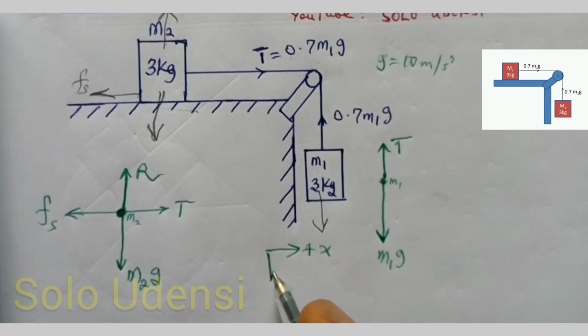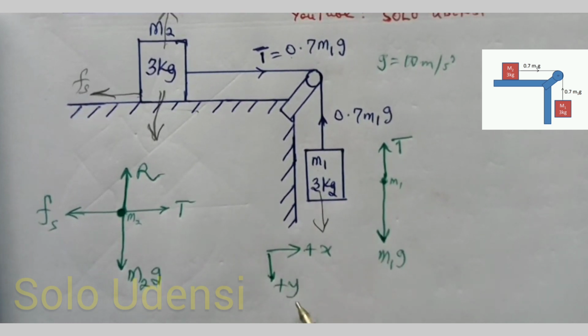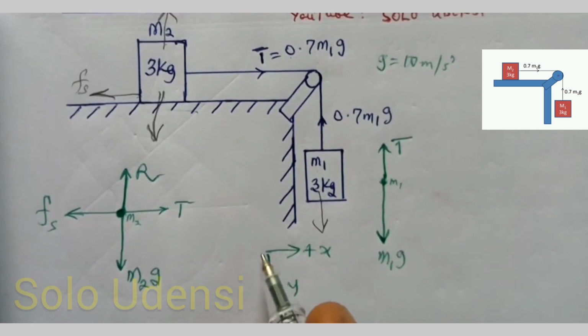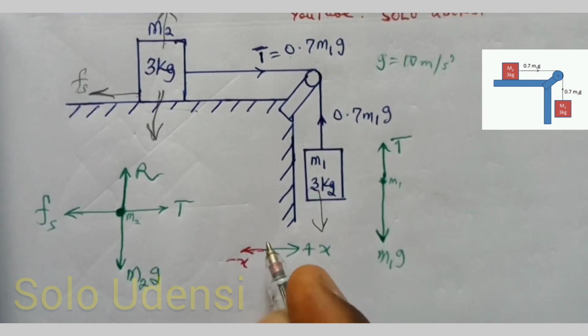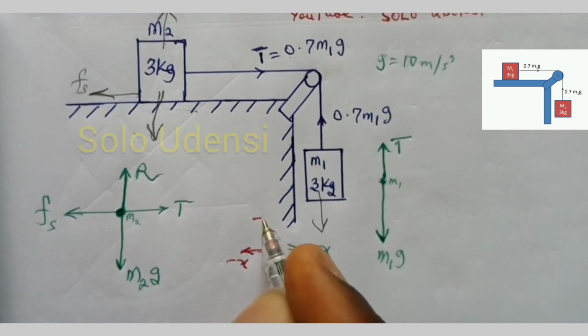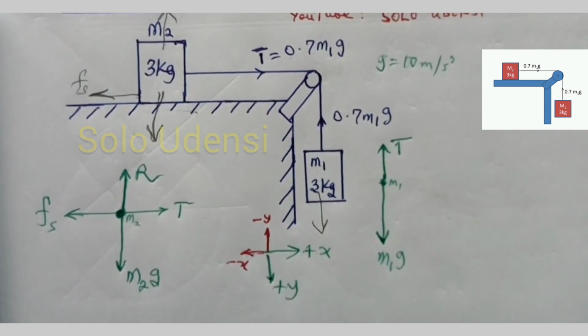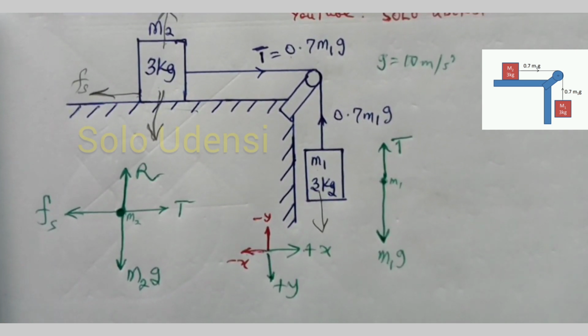Whenever it is coming down, you have a positive y-axis. So that means anything to the left is negative x and anything upward is negative y. So with that in mind, now we set out to solve the problem.